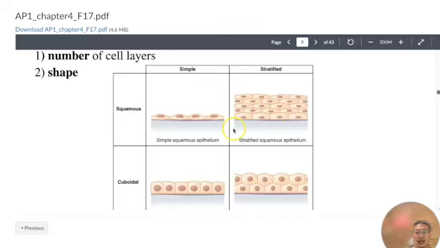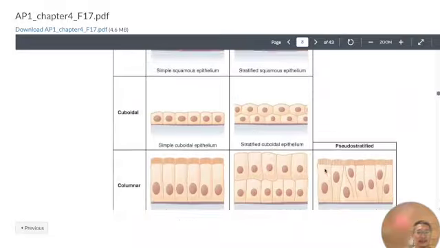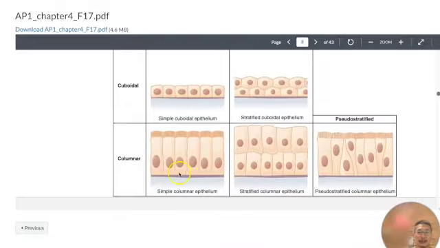Stratified means they're all stacked on top of one another. This is called stratified squamous epithelium. Now cuboid, simple cuboid, and again stacked on top of one another, it's called stratified cuboid. Columnar, like a column, is long.